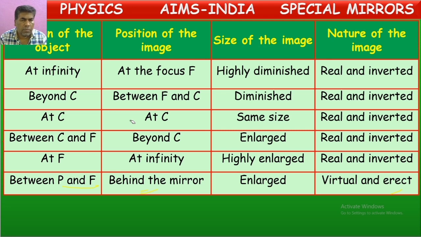Means small. Highly diminished means very, very small. What is the meaning of enlarged? Becoming bigger. Highly enlarged means very, very big. What is the other name for enlarged? Magnified. Highly magnified.